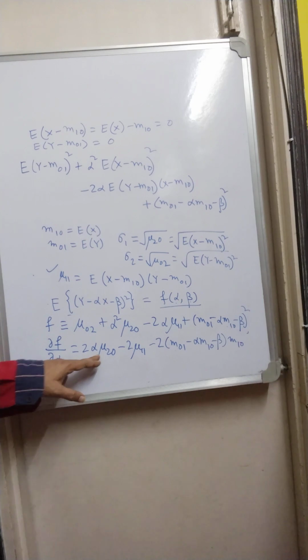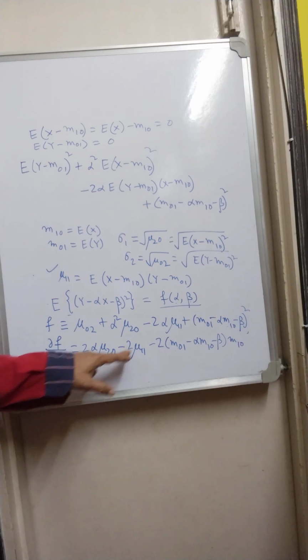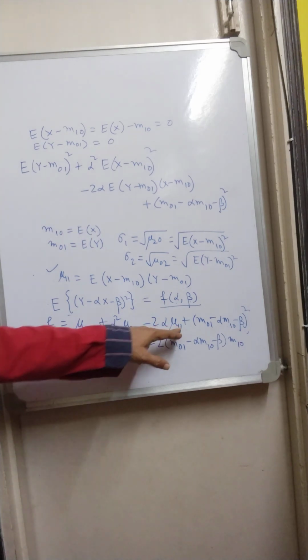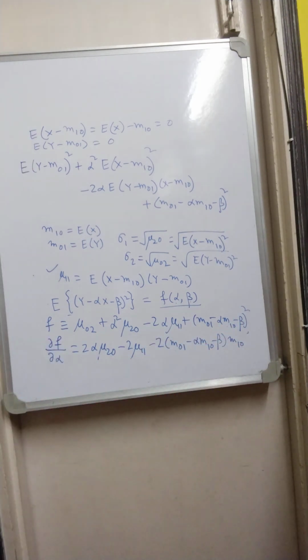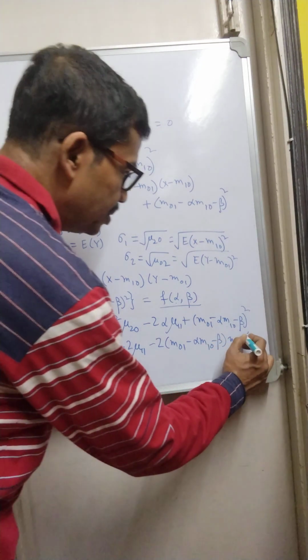So here we have 2 alpha mu 20, here we have minus 2 mu 11, and here the derivative of this turns out to be like this. Okay, so this is 0.